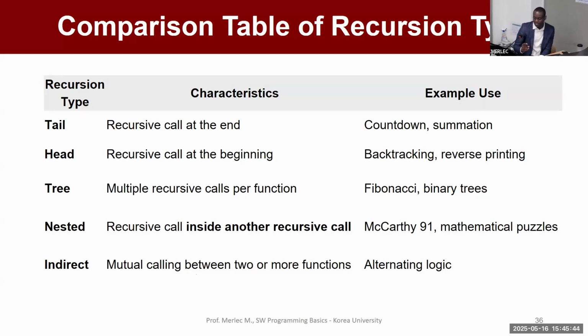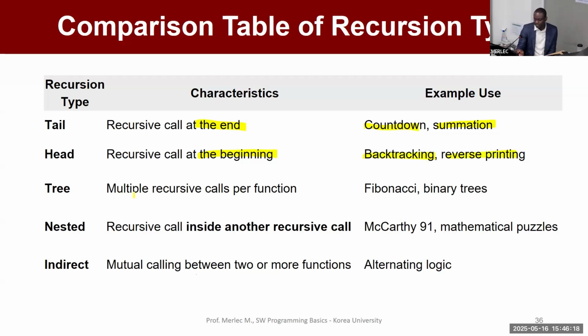Tail recursion, which is a kind of direct recursion, is where the recursive call is the last statement in the function, and it can be used for counting down or for summation use cases. The second type of direct recursion is head recursion, where the call is the first operation after checking the base case condition. This can be used for backtracking or reverse printing.